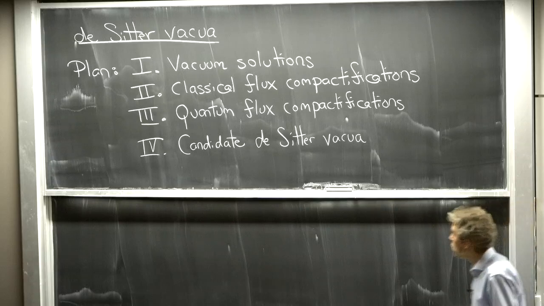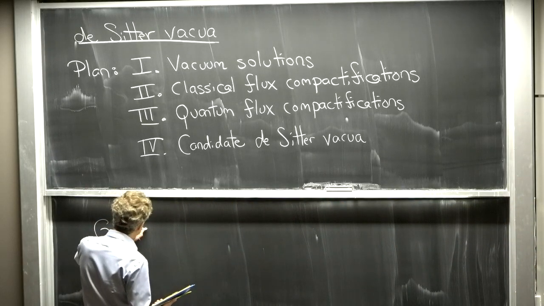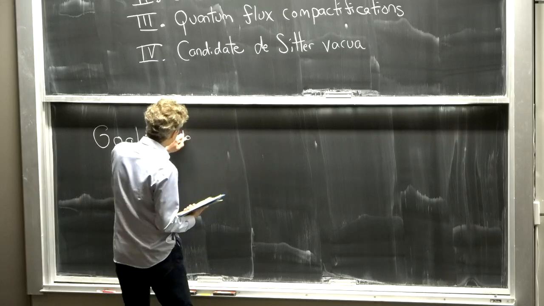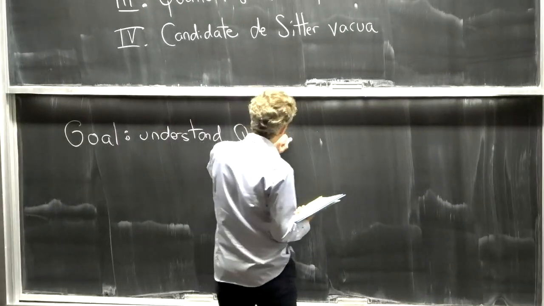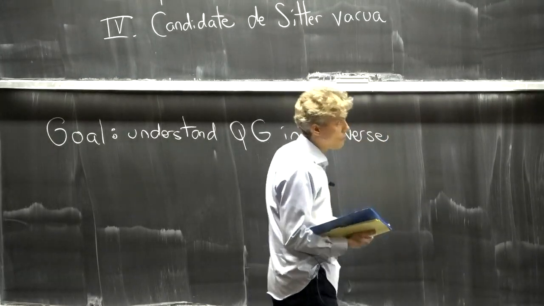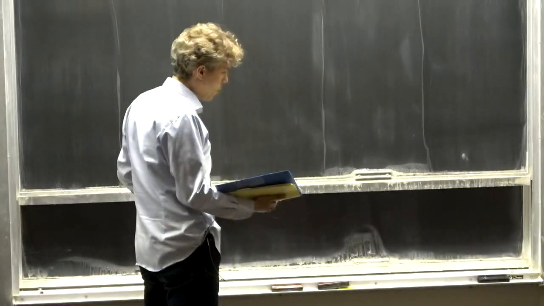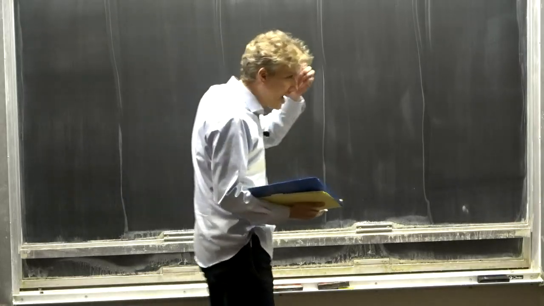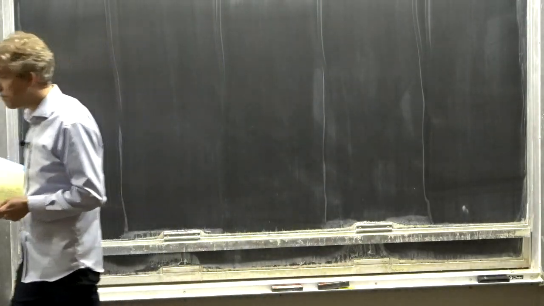Okay, so our goal in this line of work is to understand quantum gravity in the observed universe. And in particular, to try to relate quantum gravity to experiments in some way. So in particular, we'd like to know, what do terrestrial, astrophysical, cosmological experiments tell us about how quantum gravity works?